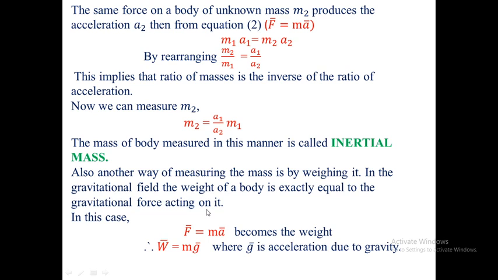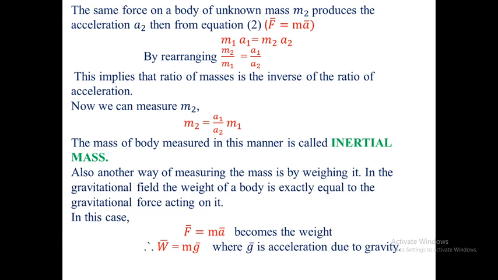That means instead of F you can write W. So weight will be equal to m into g, where g is the acceleration due to gravity, and you know the value of g. What is g? 9.8 meter per second square or 980 centimeter per second square. That is nothing but gravitational acceleration.